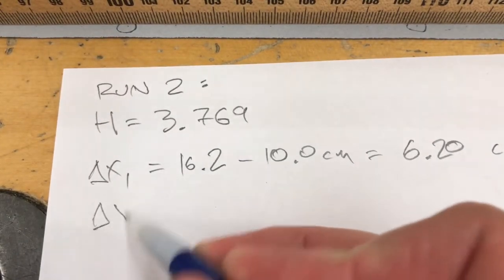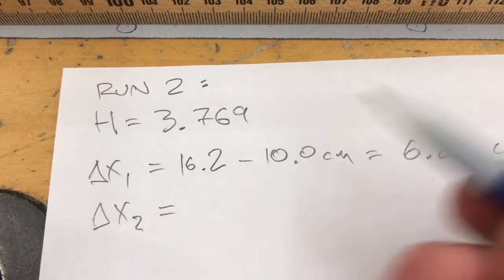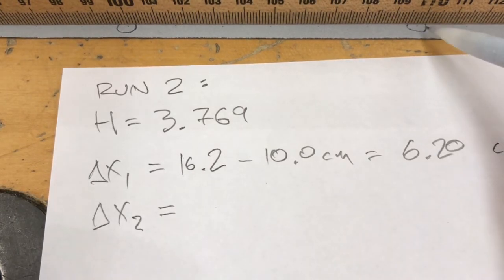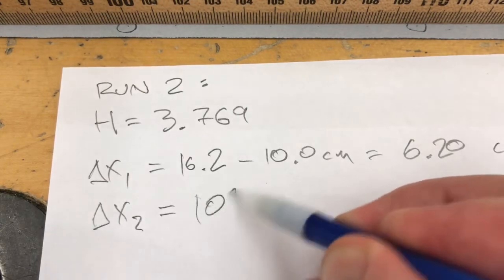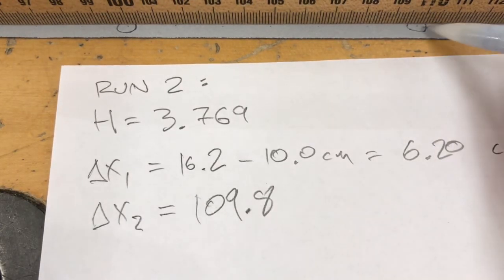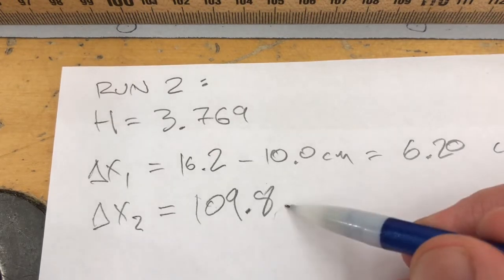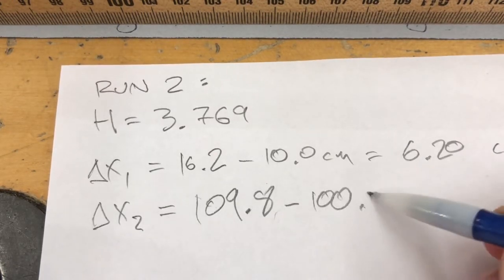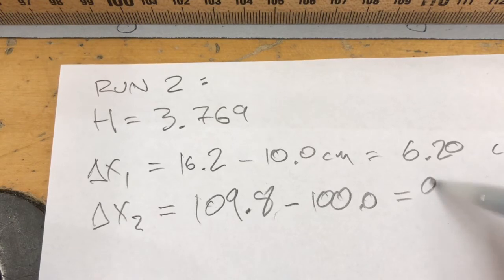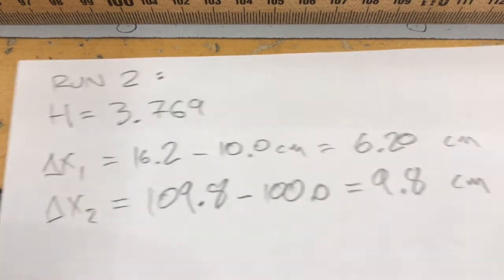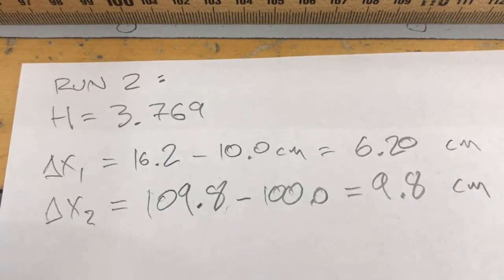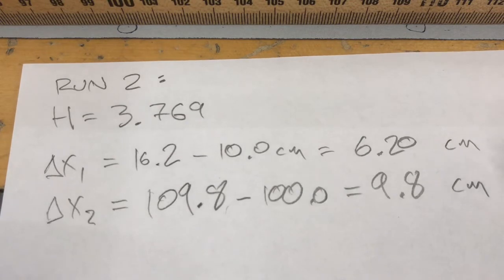And this looks like delta x2 of 109.8 minus 100.0. So that's going to be 9.8 centimeters. And with that, you can calculate the V1 and V2 from those x's, and then you can calculate the A from the V1 and the V2.